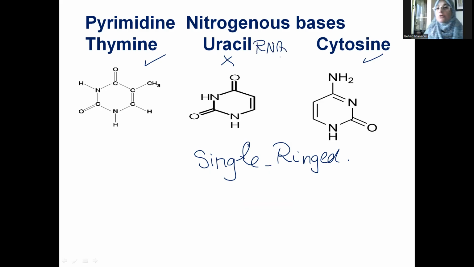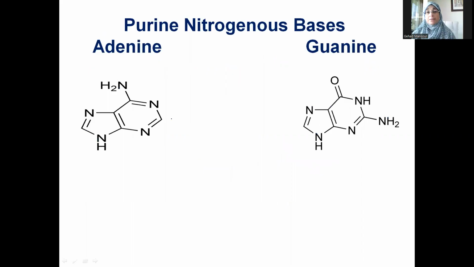You needn't know the formula. You needn't be able to detect which is which just by seeing the formula. But once you see a single ring nitrogenous base, you can say that it is either this or that, but it is definitely a pyrimidine base.